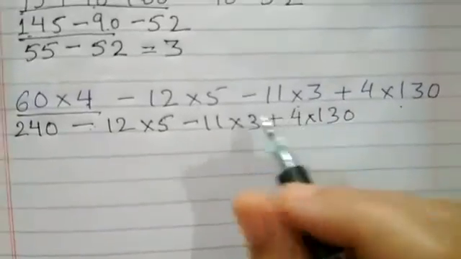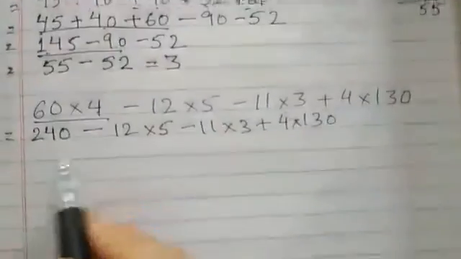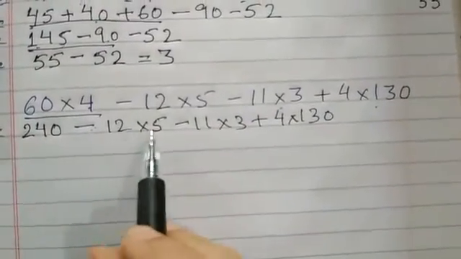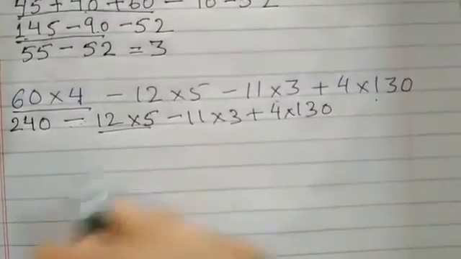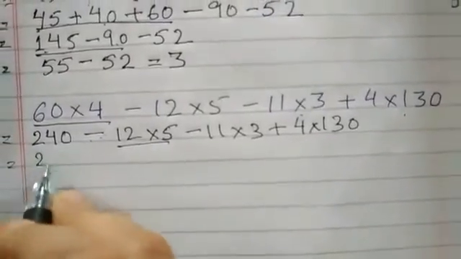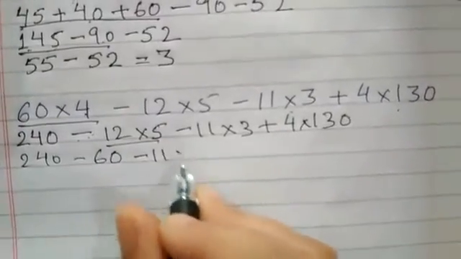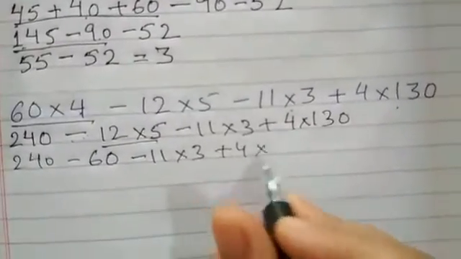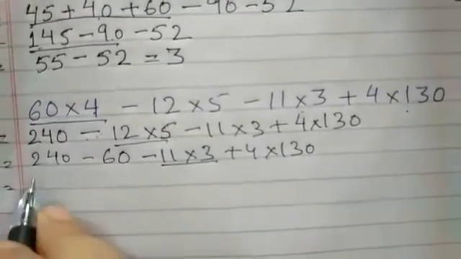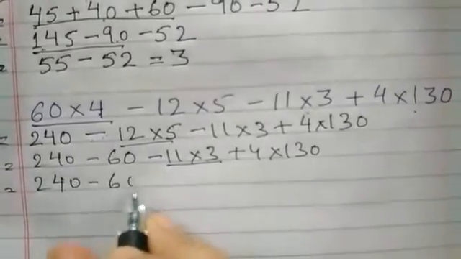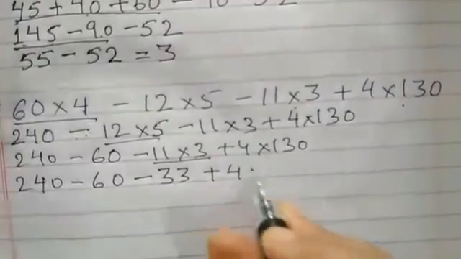Now the rule says again multiplication or division, whichever comes first. The multiplication comes after subtraction, and we have to take care of that afterward. So first we solve all the multiplications together. 240 minus 12 fives is 60, the remaining left as it is. In the next step we solve this multiplication again: 240 minus 60, 11 threes is 33, and the remaining as it is.